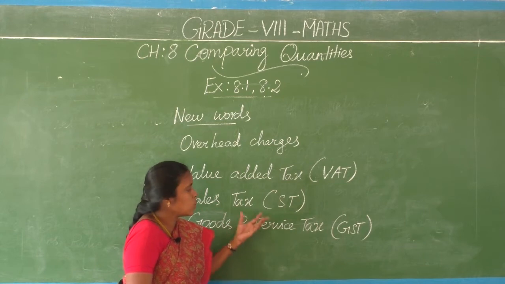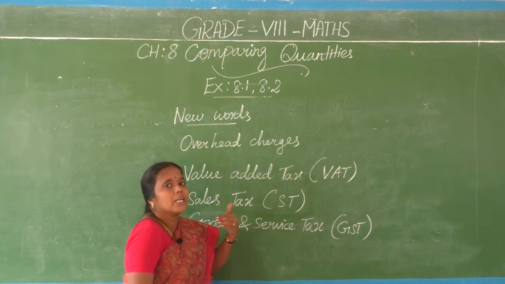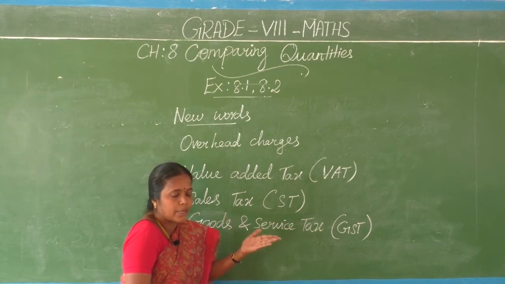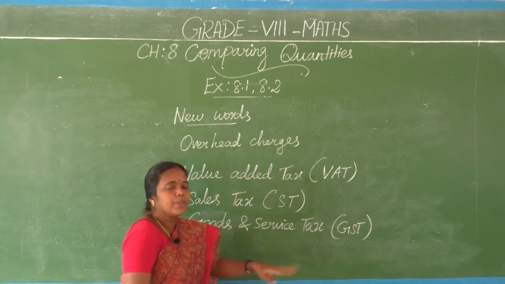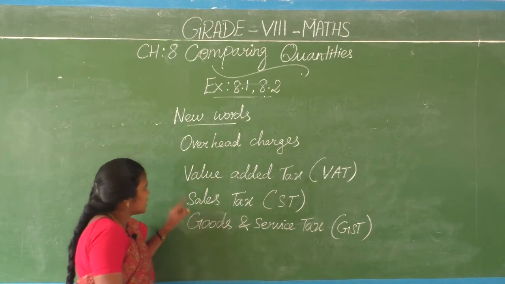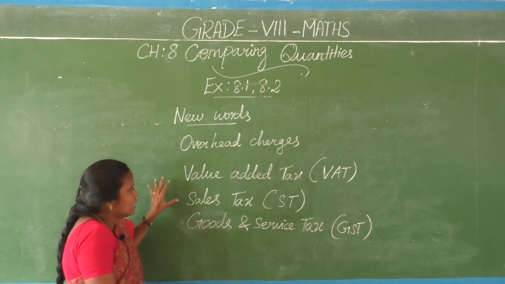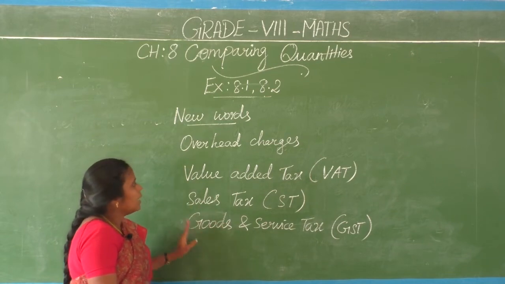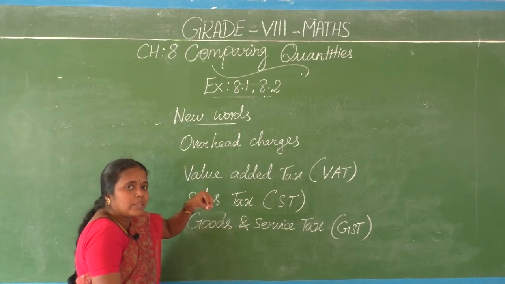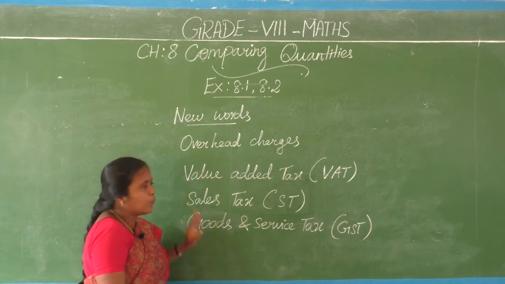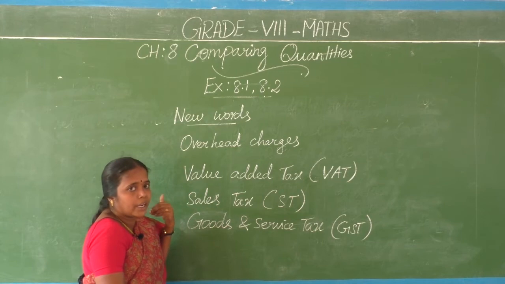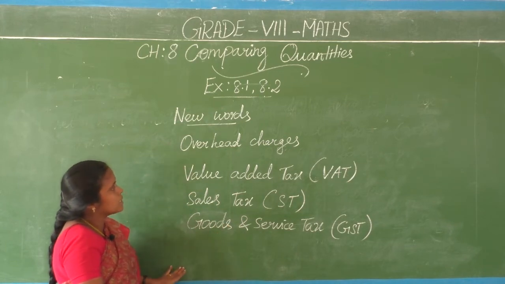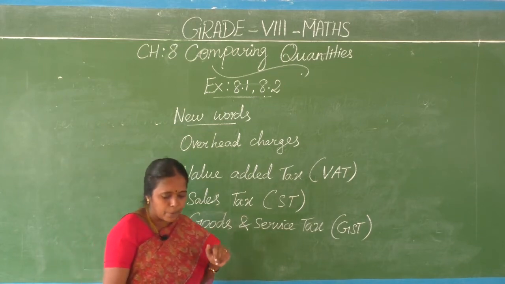This amount also has to be collected by the shopkeeper from the customer. So value added tax, sales tax, and GST are added to the sales price. We have to pay this amount to the shopkeeper for buying any item. Understood? Now based on this, we are going to see exercise 8.2 sums.